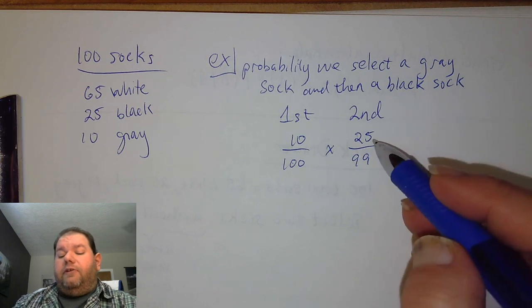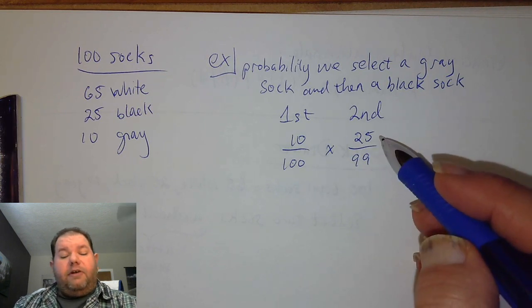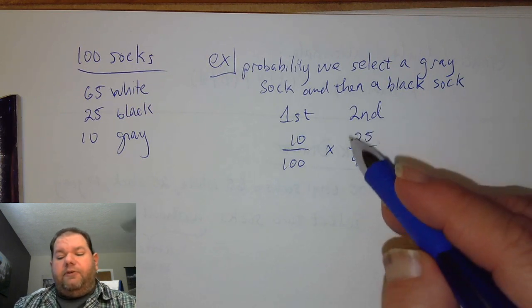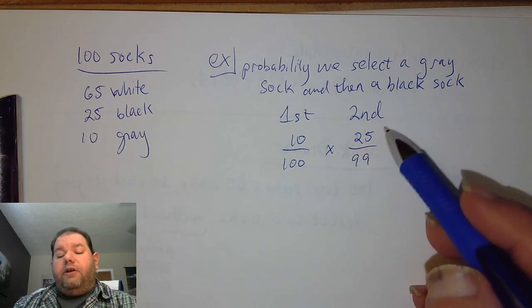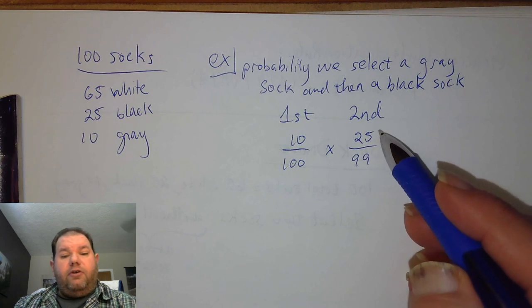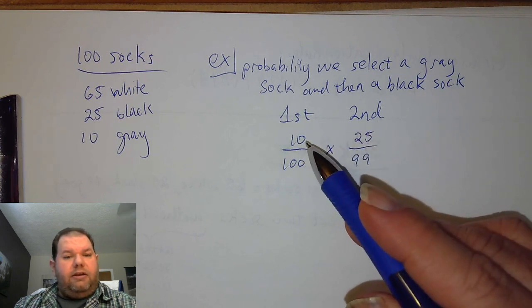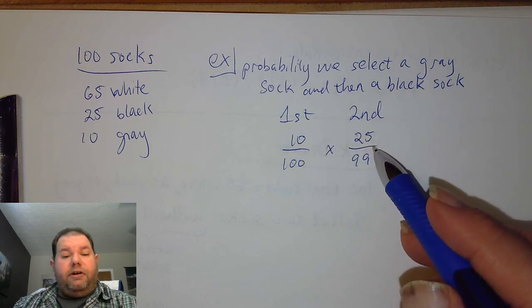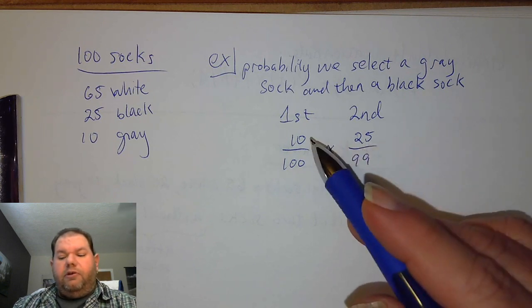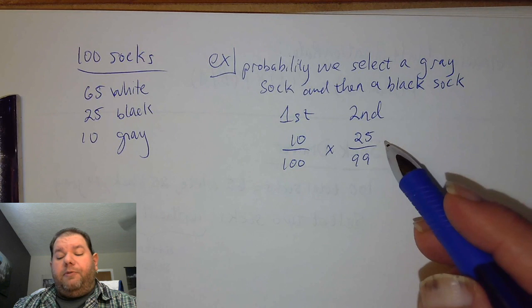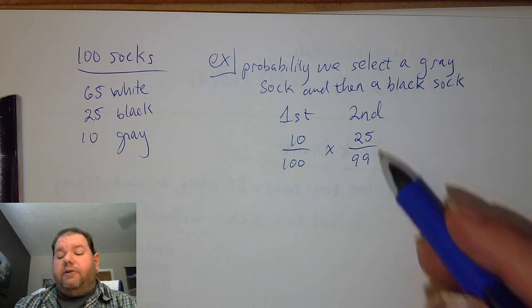So in this case, the bottom number decreases, but the top number doesn't decrease because we still have all of that particular color in the drawer. If we asked for a gray sock again on the second draw, this would be 9 instead of 10. But because we went to a different color, we still have all of that color remaining, so all 25 black socks are still in there.